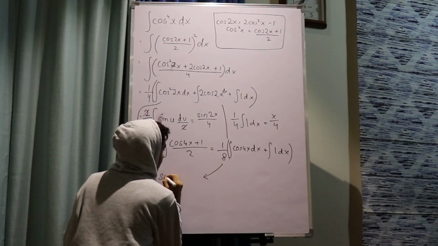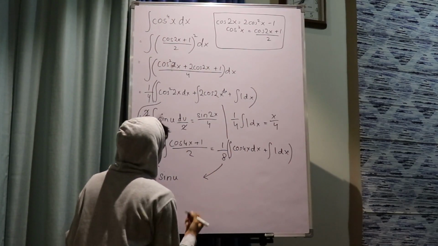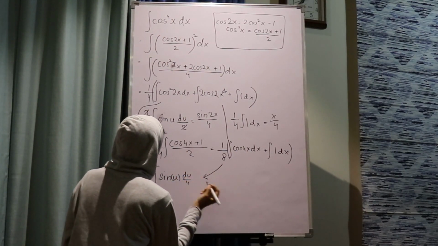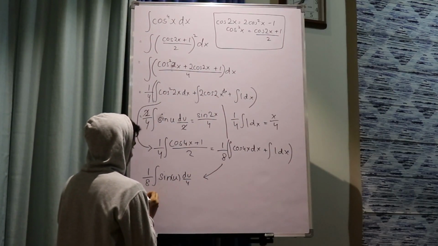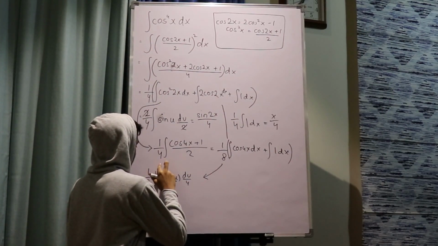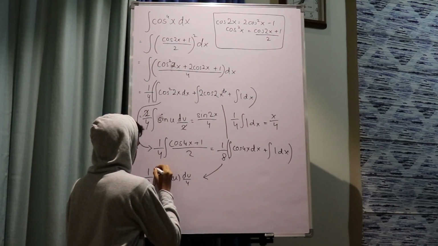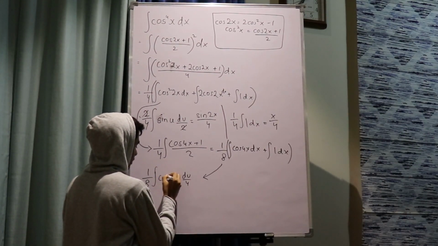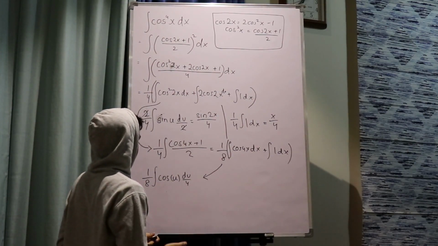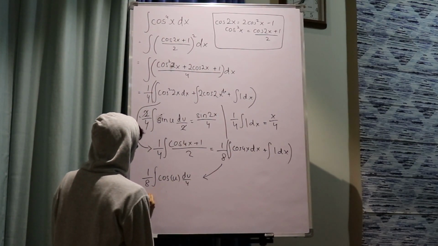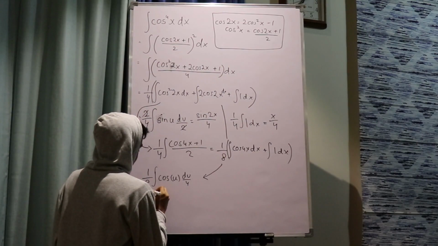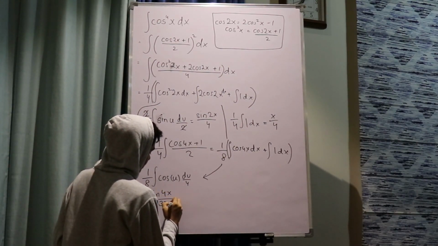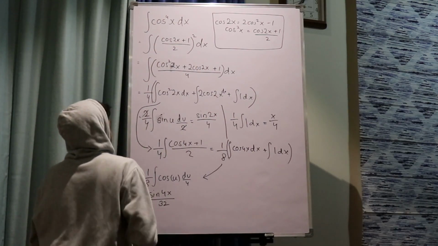So we basically get sine of u and du by 4. Small mistake, cos of u du by 4. So this is essentially sine of 4x by 32. We've got that out of the way.